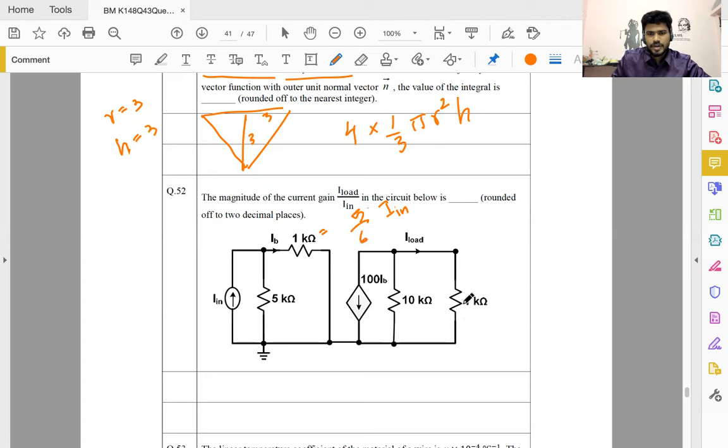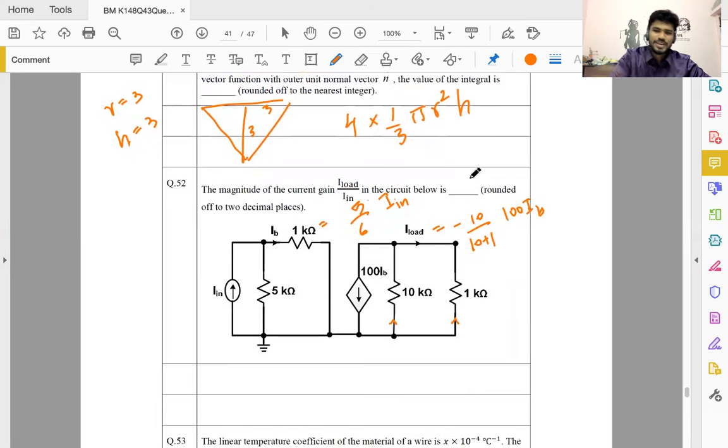And I load, you are splitting between 100 IB between these two resistors. So 10 by 10 plus 1. But this flows this way, the direction is opposite, so you have a negative. Oh, they are asking for the magnitude.